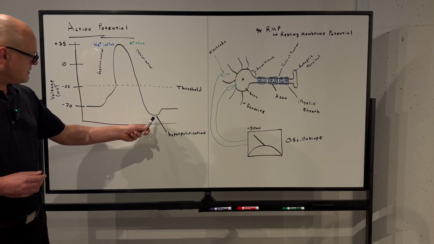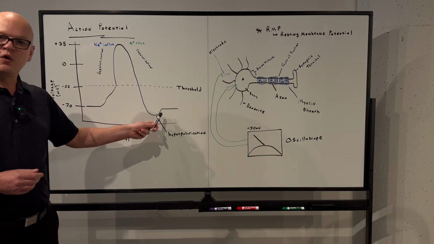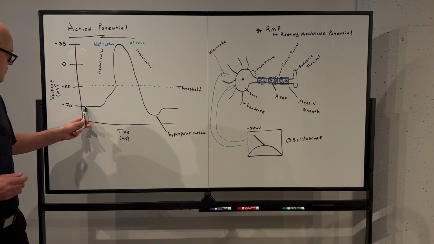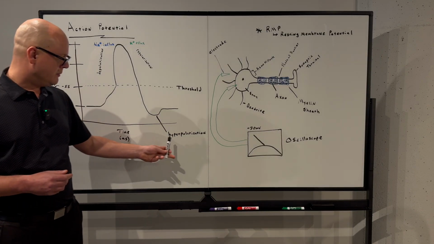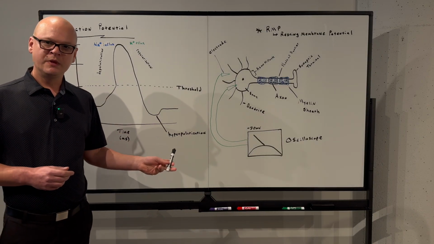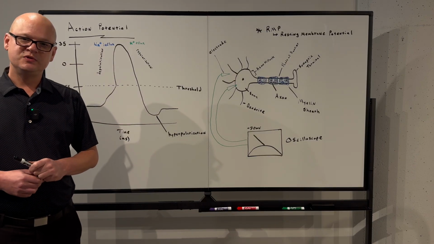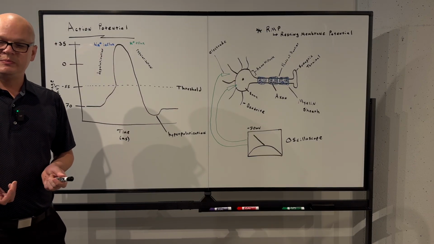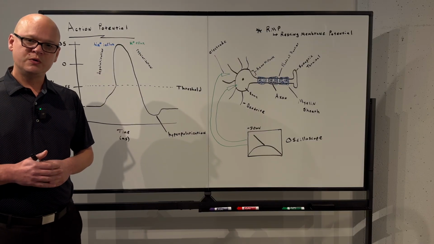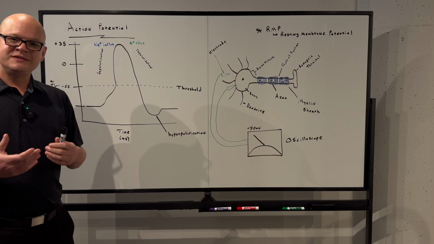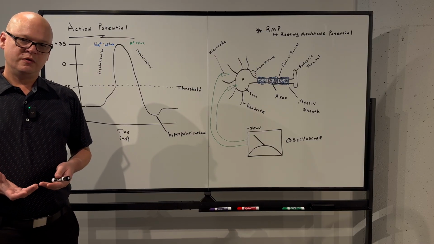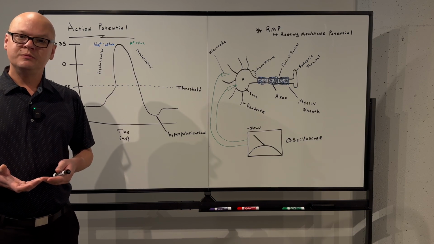You'll notice here that there's going to be a bit of overshoot past the resting membrane potential. That's called hyperpolarization. And the reason for that is because when the voltage-gated potassium channels are closing, their velocity of closure is slower than the sodium channel.